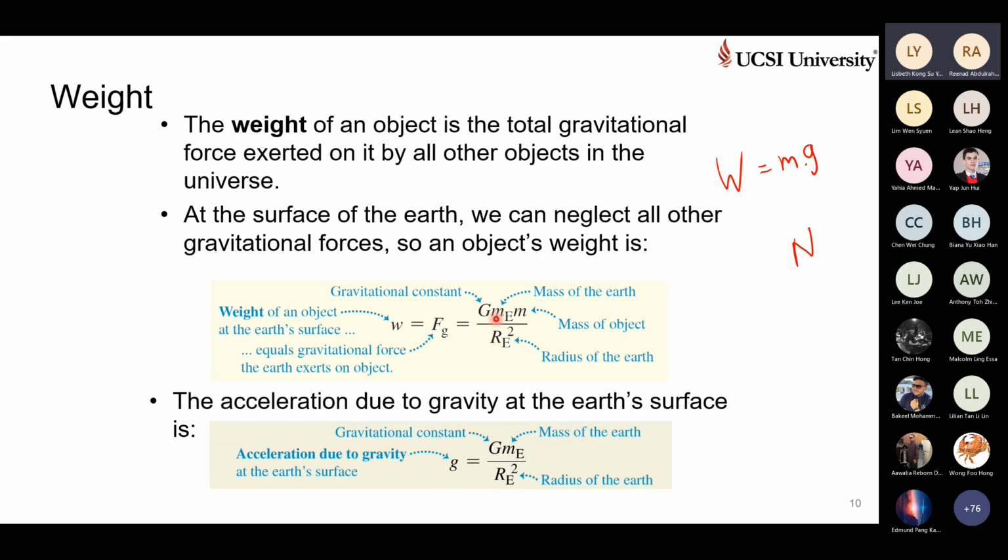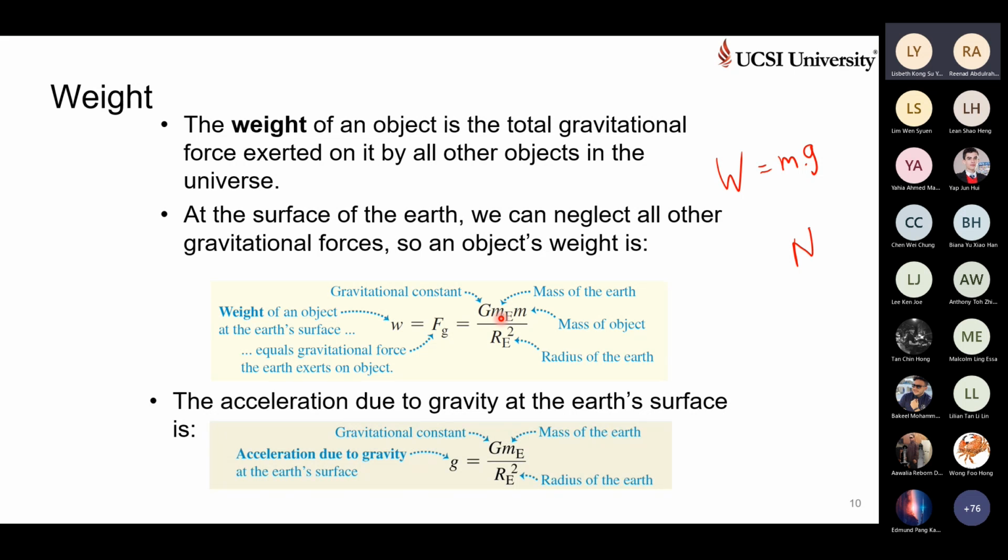If you take this example one, between earth and a body, G is the gravitational constant, ME is the mass of the earth, m is the mass of the object or anybody that you're working on. It may be a product, a machine or a building, and R is the distance from the center of the earth to the object.